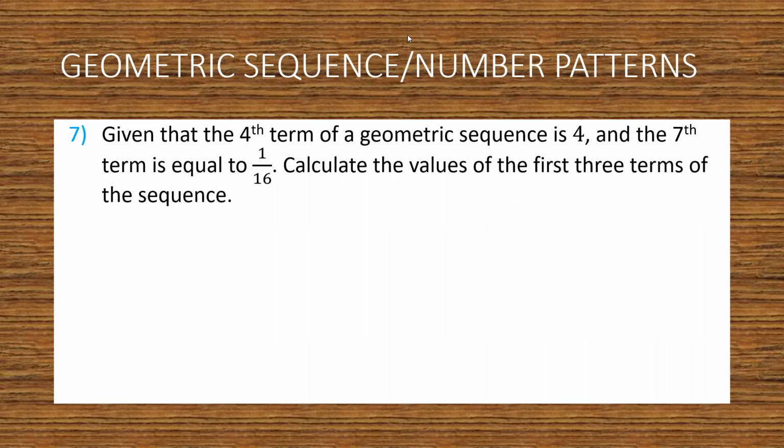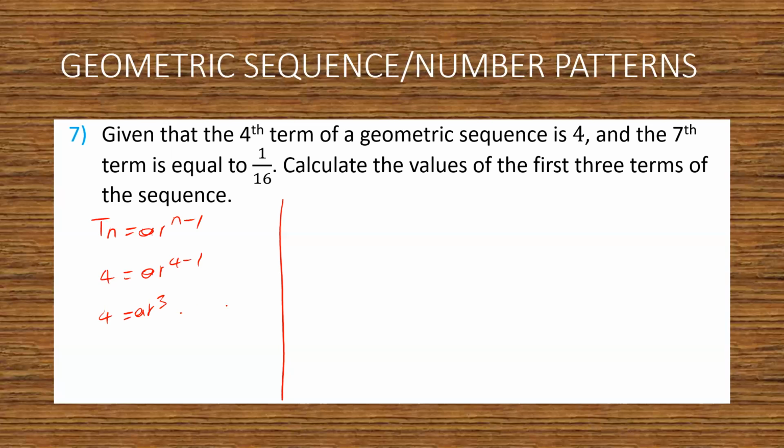I did a simultaneous equation, where Tn equals AR to the power of n minus 1. That's 4 equals AR to the power of 4 minus 1, which is 4 equals AR to the power of 3.